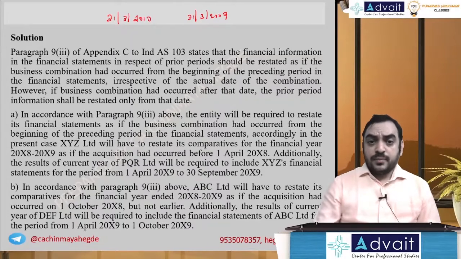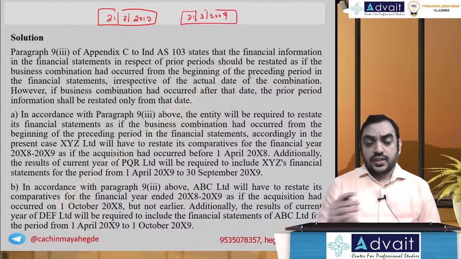And what is the current period? 31/3/2010. What is the preceding period? 31/3/2009. And what is the beginning of the preceding period? 1/4/2008. Hope you get the point. So what does this tell you?